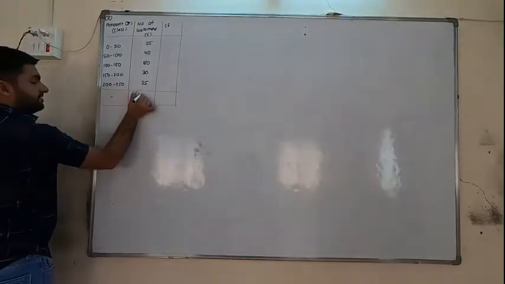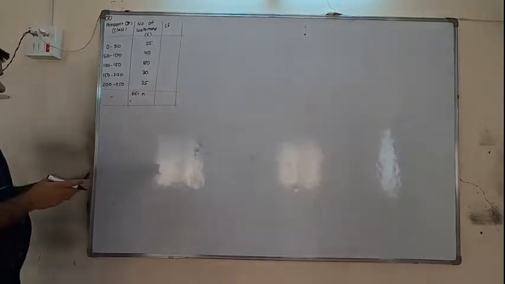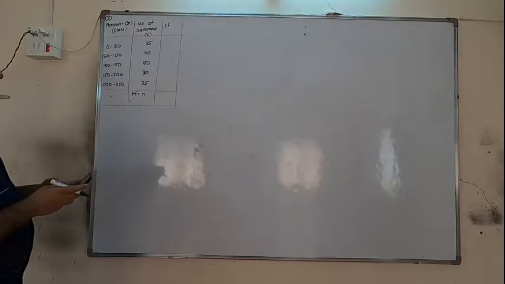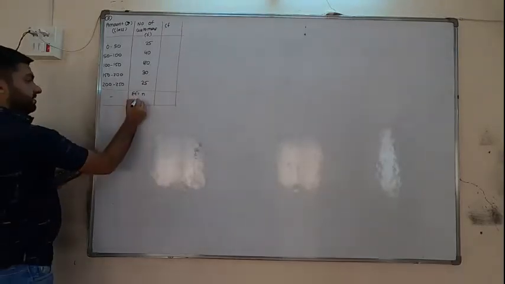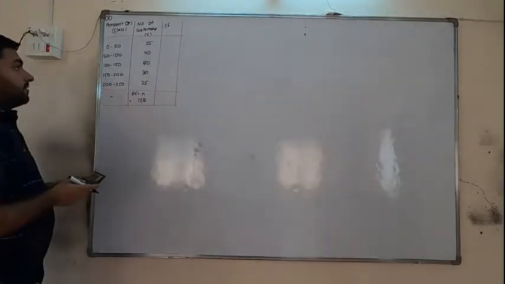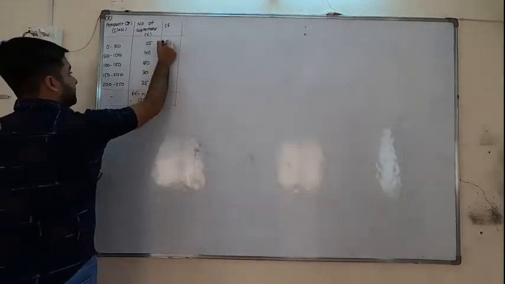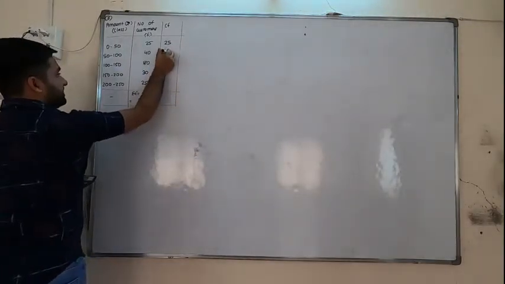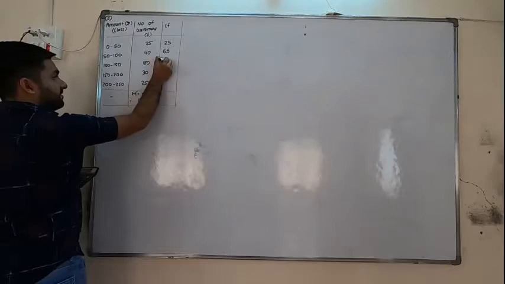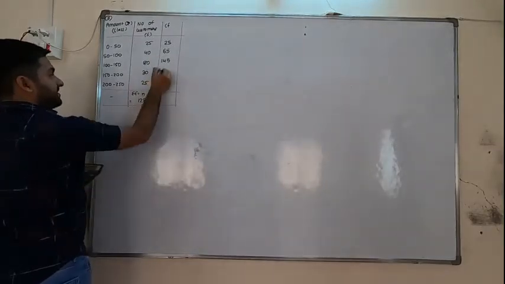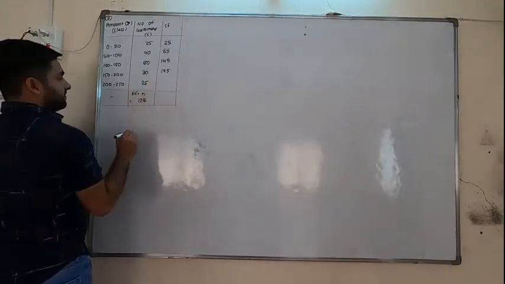Sigma f is equal to N, which is 25, 40, 80, 30, 25, 128. So 25, 25 plus 40 is 65, plus 80 is 145, plus 30 is 175.